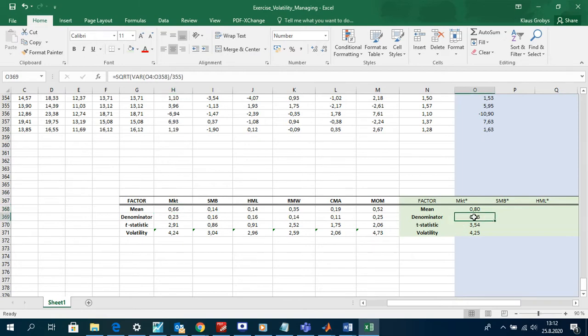Of course, the standard deviation, or the square root of the variance divided by the number of observations, which is in essence the denominator of the t-statistic, must be the same by construction because the volatility of our series is the same by construction. So this is just a rounding issue, that it's here 4.24 and here it's 4.25. So it's basically the same.